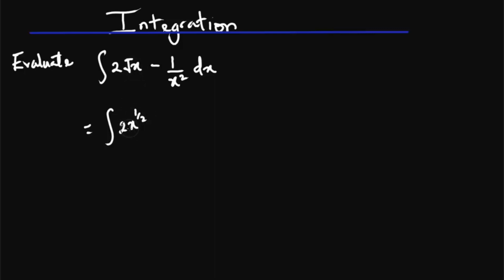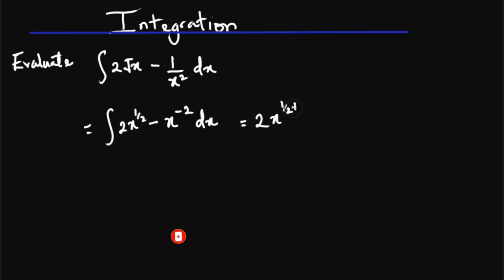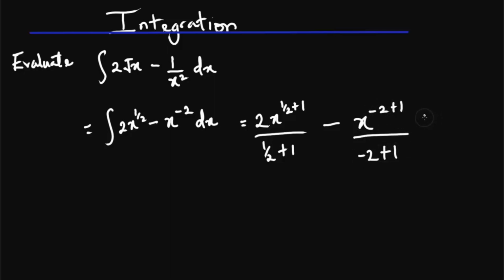So 2x to the power 1 over 2 minus, we can rewrite this as x to the power minus 2, dx. Now we can add 1 to the power and divide by the new power. So this becomes 2x to the power 1 over 2 plus 1 divided by 1 over 2 plus 1, minus x to the power minus 2 plus 1 divided by minus 2 plus 1, plus c.